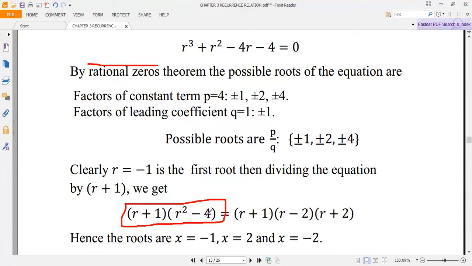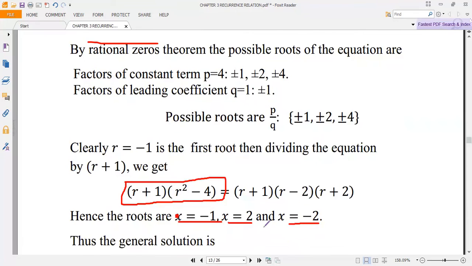Then r squared minus 4 is a difference of squares, a product of r minus 2 and r plus 2. Therefore, the roots of this characteristic equation are r equals minus 1, r equals 2, and r equals minus 2. So clearly, you can see that the roots of the characteristic equation are 3 distinct roots.